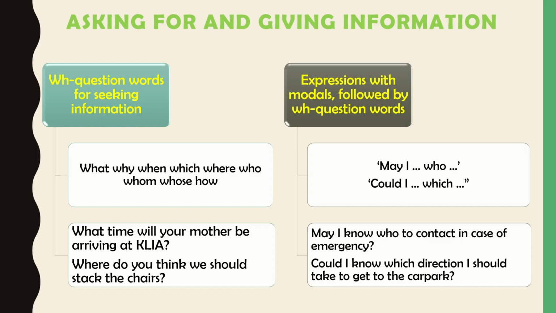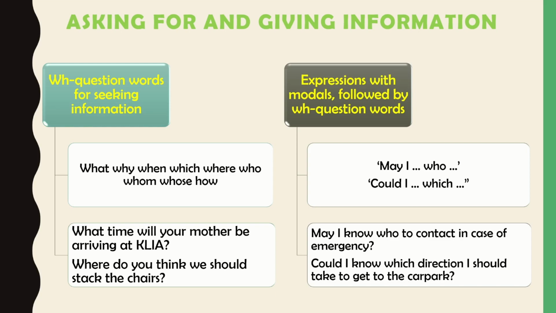Like this: what, why, when, which, where, who, whom, whose, and how. Whenever you want to ask about a particular thing, you can use those WH questions. For example, what is used when you want to ask about a name, a particular time, or something general.